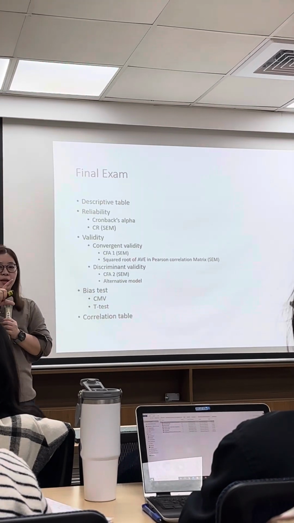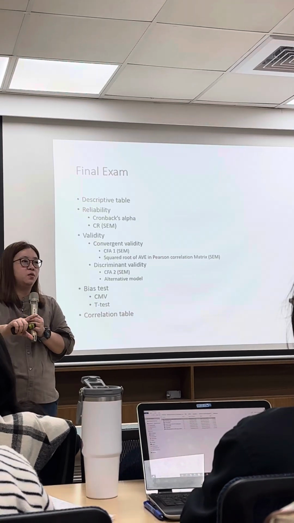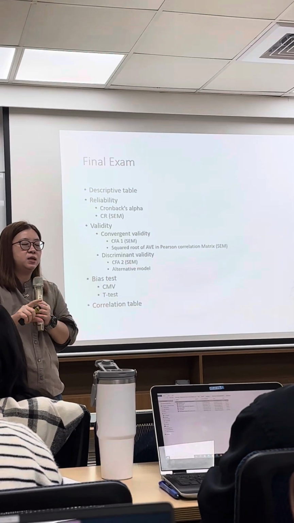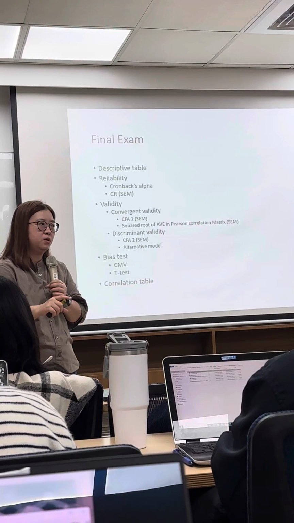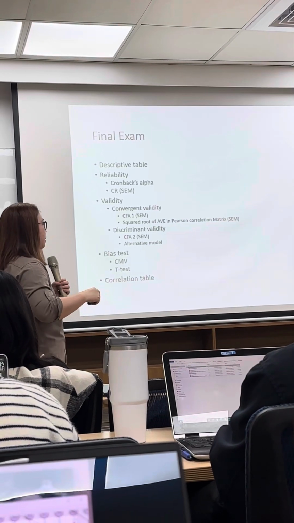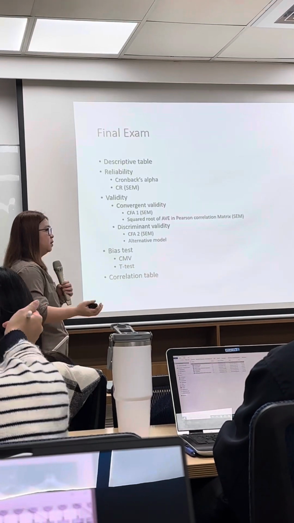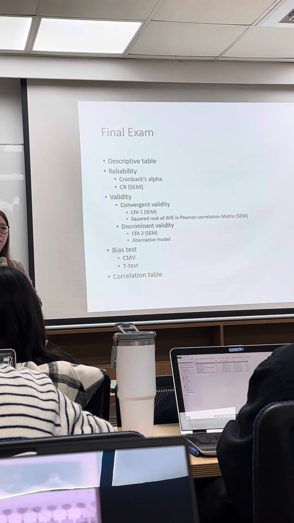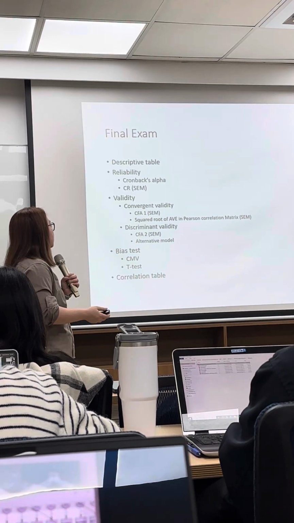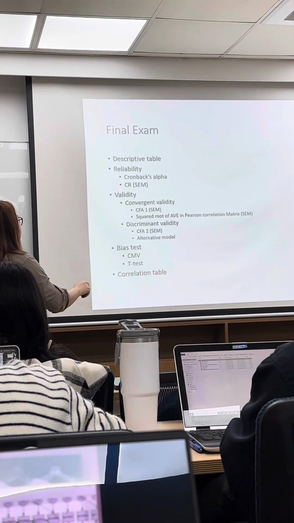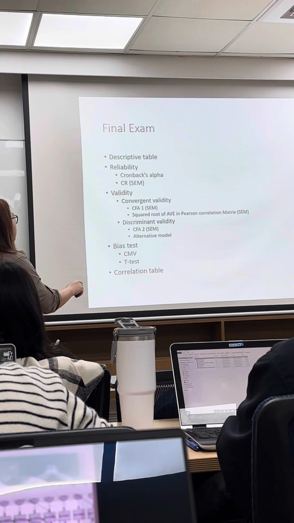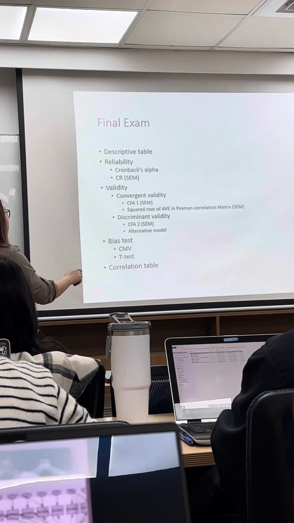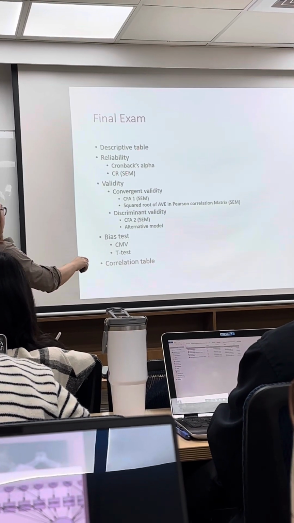Based on the information in the table, you have to tell me how you understand the sample. If the sample is students, or full-time workers, or all very young, will that have a bias on your study? And reliability: what is reliability, and how many techniques can we use to test it? Normally this will be one question.